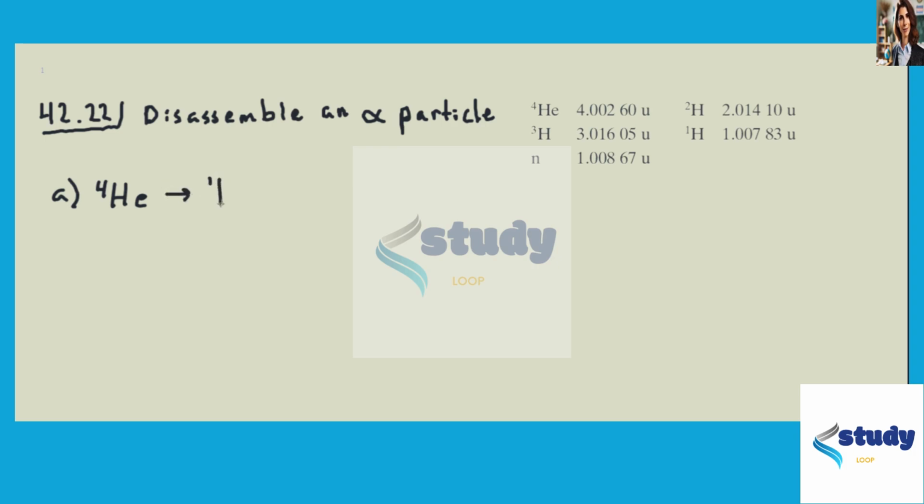So in the first step, we want to remove a proton. So we can write this as, we want to take our helium-4 and turn it into a proton, which, in order to have the electrons behave themselves, we write as a hydrogen-1 atom, and then a hydrogen-3 atom, because this will have one proton left and then 2 neutrons.